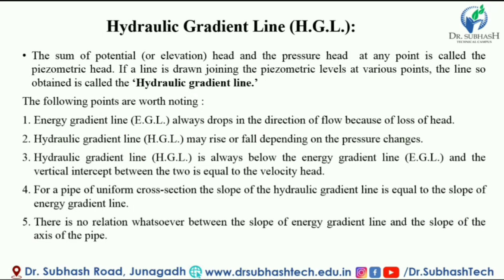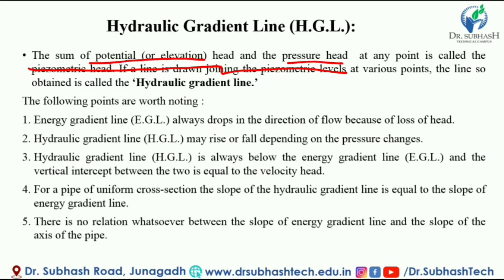Now next is the hydraulic gradient or hydraulic gradient line. The sum of potential head and pressure head, means potential energy and pressure energy, at any point is called the piezometric head. What is the piezometric head?